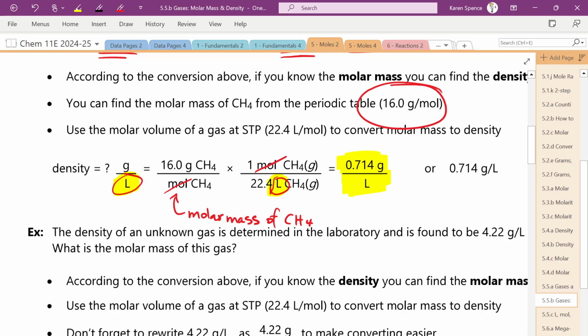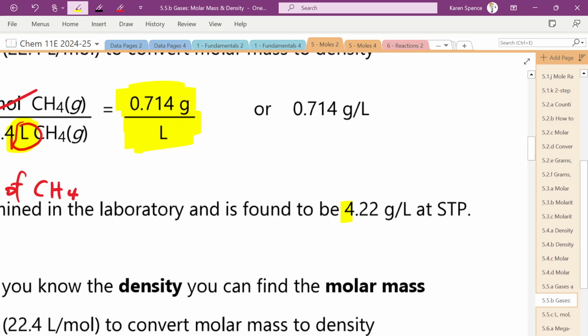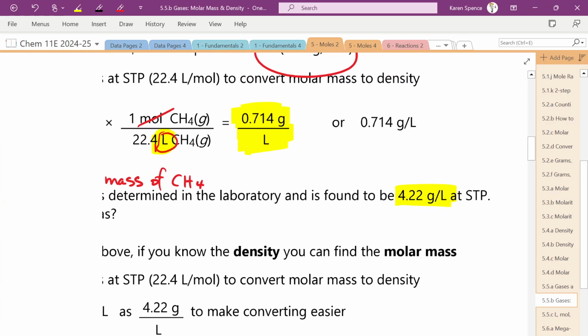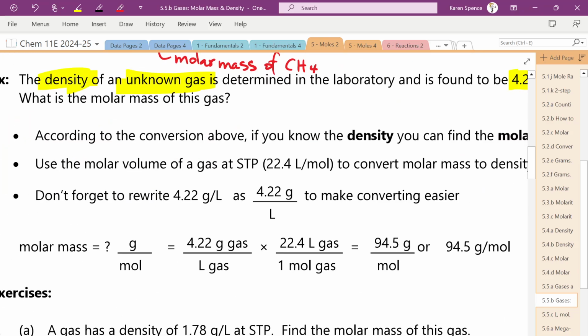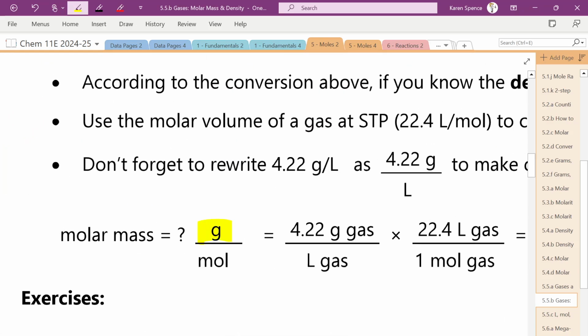The other way it can go is you might get a result of an experiment. Oh, we found the density of an unknown gas. It was 4.22 grams per liter. What is its molar mass? Well, you can say, I know that molar mass is grams over moles, but I have grams over liters.